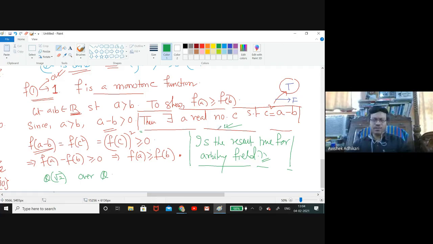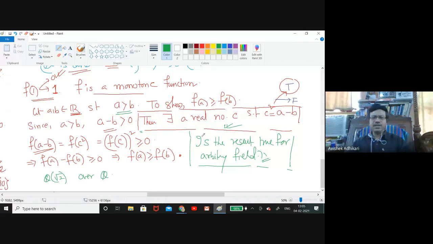Okay. So anyway, what we proved here is basically that f is simply order preserving. If A is greater than B, then f(A) is greater than or equal to f(B), so an extra equality might be there.